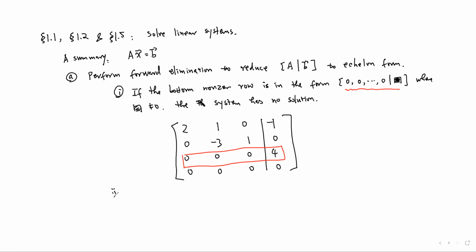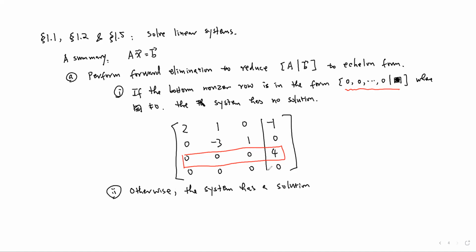Second case. Otherwise, if the bottom non-zero row is not in this form, the system has at least one solution.